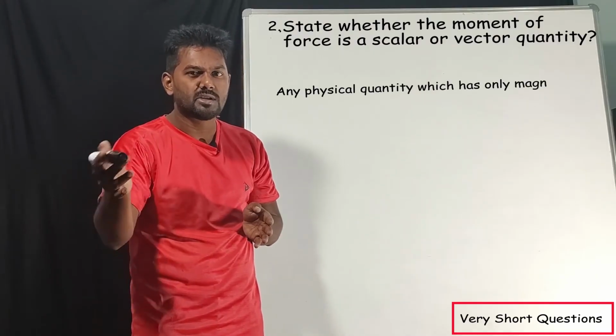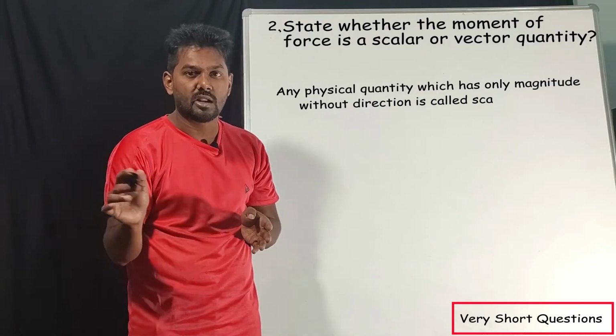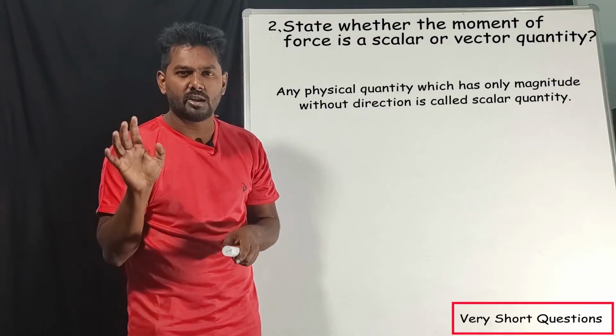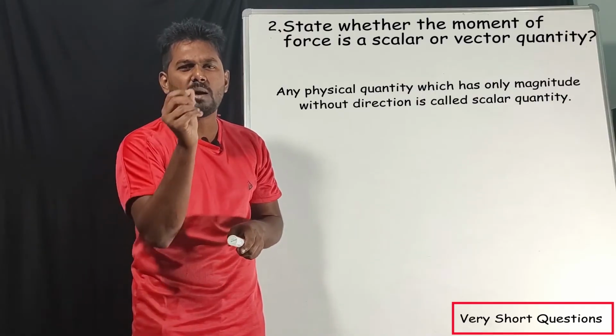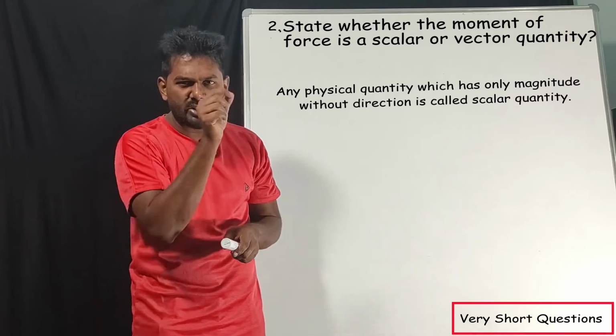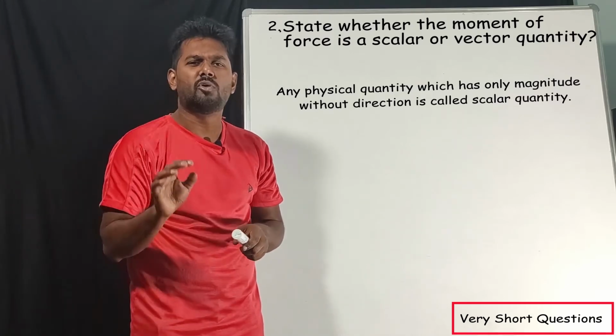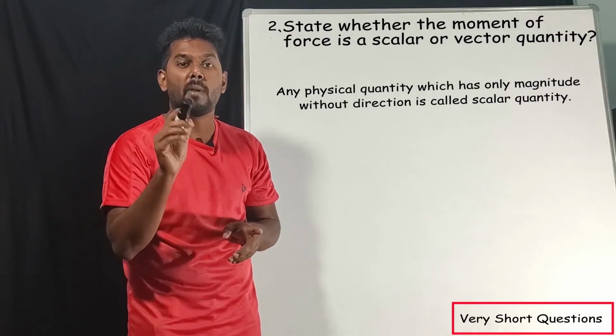Any physical quantity which has only magnitude but no direction is called a scalar quantity. What do you mean by magnitude? Magnitude you already know. Magnitude is nothing but the numbers, 50 kg, 500 ml, 200 grams. You don't worry about the units, you just worry about the numbers. Those numbers are called magnitude.